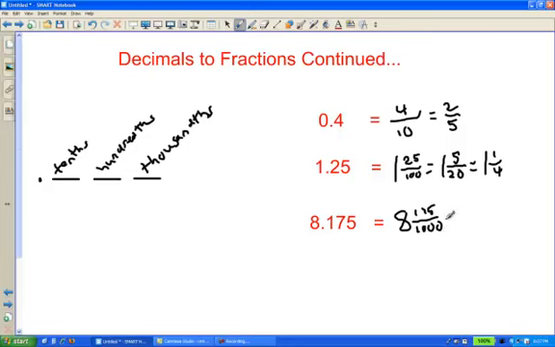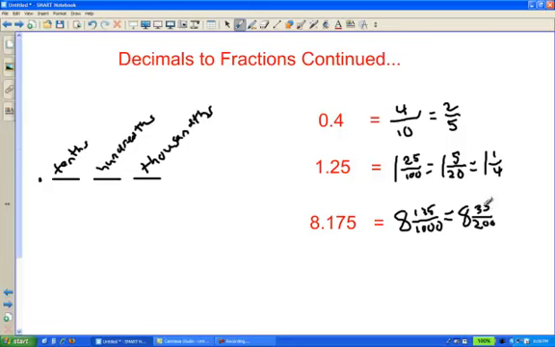Now, 175 divided by 5, that's not easy to do mentally, but I know that 5 goes into 100 20 times, and 5 goes into 75 15 times, so I know that's 35, and then I have to do 1,000 divided by 5. Well, that's just like saying 10 divided by 5, that's going to be 2, and 2 zeros at the end, so I got to include those. So it'll be 35 over 200.